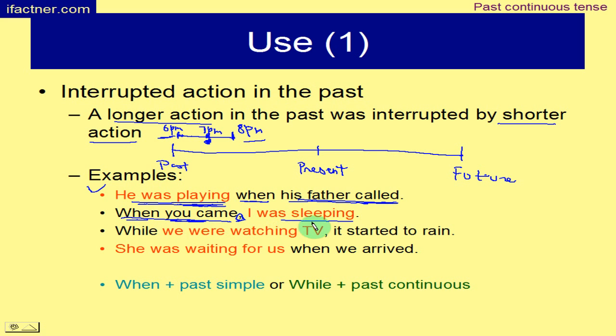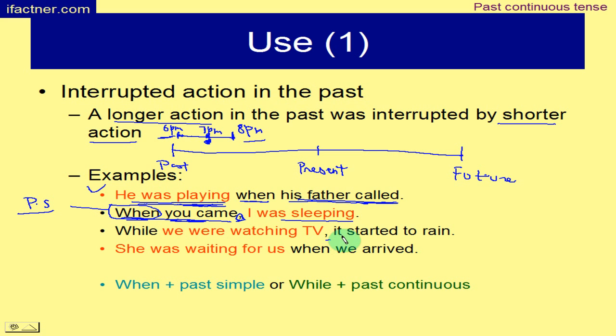When you came, I was sleeping. Remember that this word when is used with the past simple tense part of the sentence. And while is always used with the past continuous tense part of the sentence. So, we have got the third example. While we were watching TV, comma, because we started with the while.